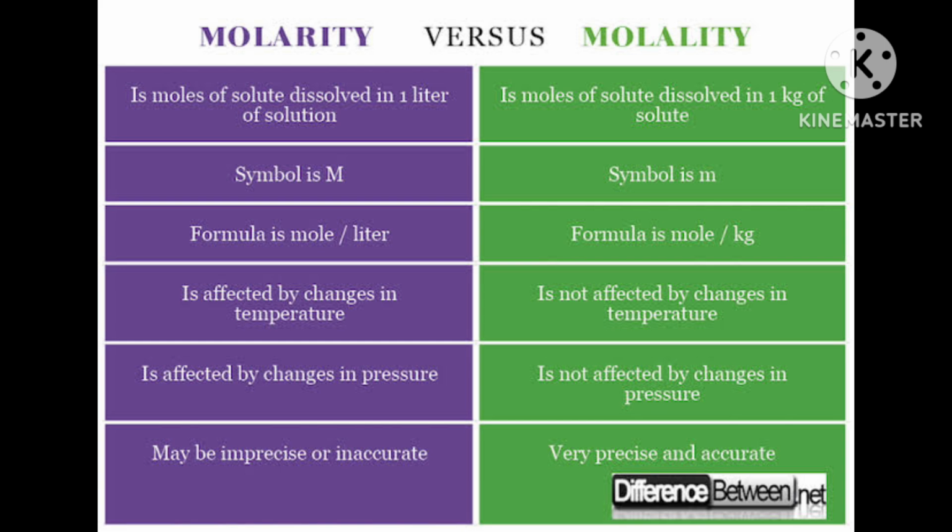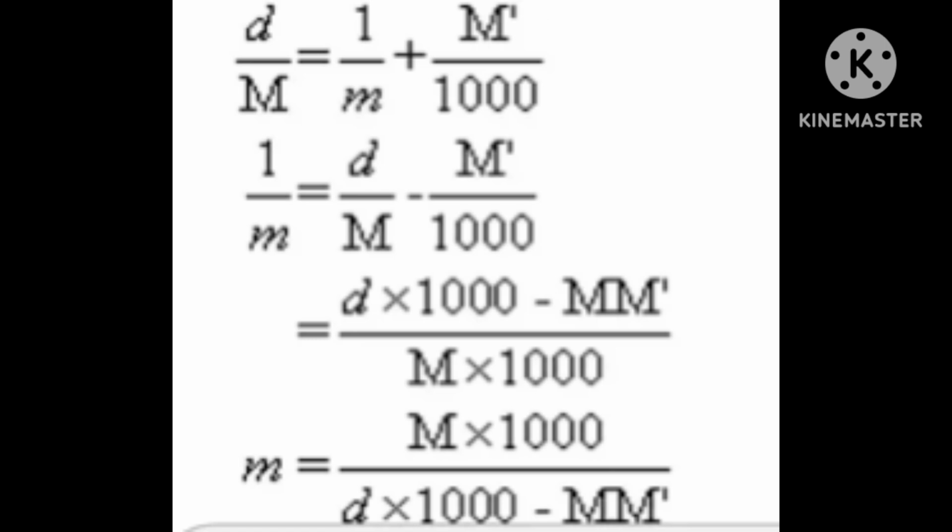You remember, carbon is 12, hydrogen is 1, oxygen is 16. Then C2H6O2: 12 into 2 plus 1 into 6 plus 16 into 2.